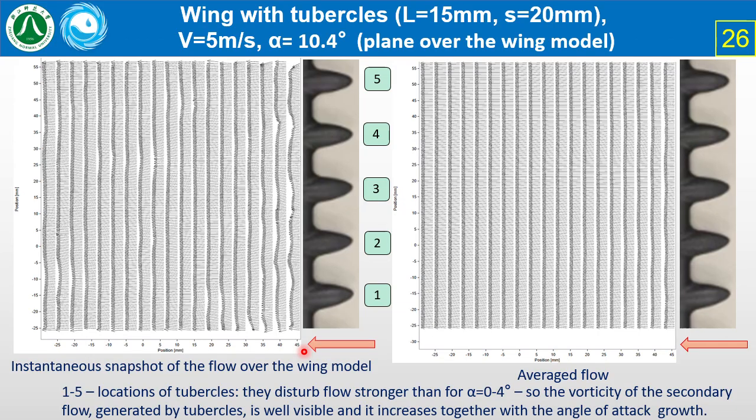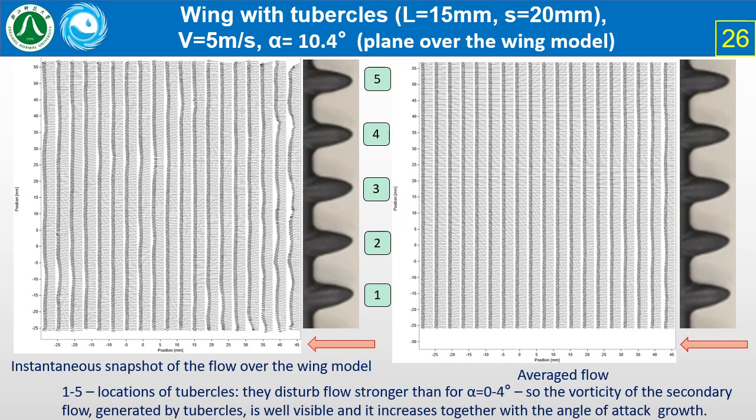And this slide illustrates the results of measurements in the plane parallel to the wingspan and located 10 millimeters above the wing model with tubercles. And you can see that even in the instantaneous case, this flow field is close to uniform, excepting the small region in the neighborhood of the tubercles, where you can see the set of periodic disturbances.